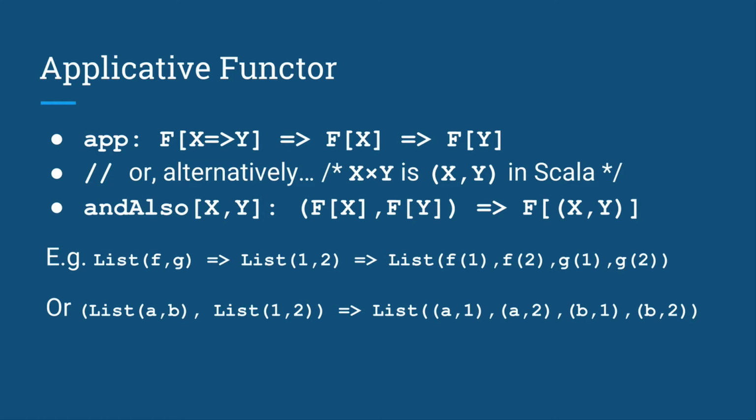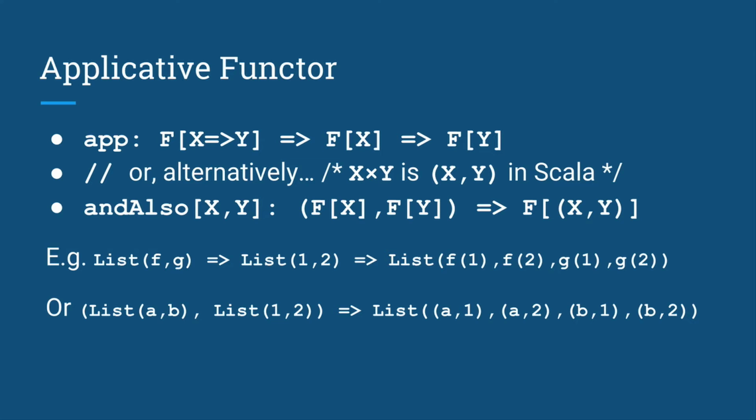So that was all about functors. Now, applicative functor. An applicative functor has a little bit stronger feature than a regular functor. So what's an applicative functor? We have an f, f is our functor, right? We are given a mapping, called app, from the type f of x arrow y to the type f of x arrow f of y.